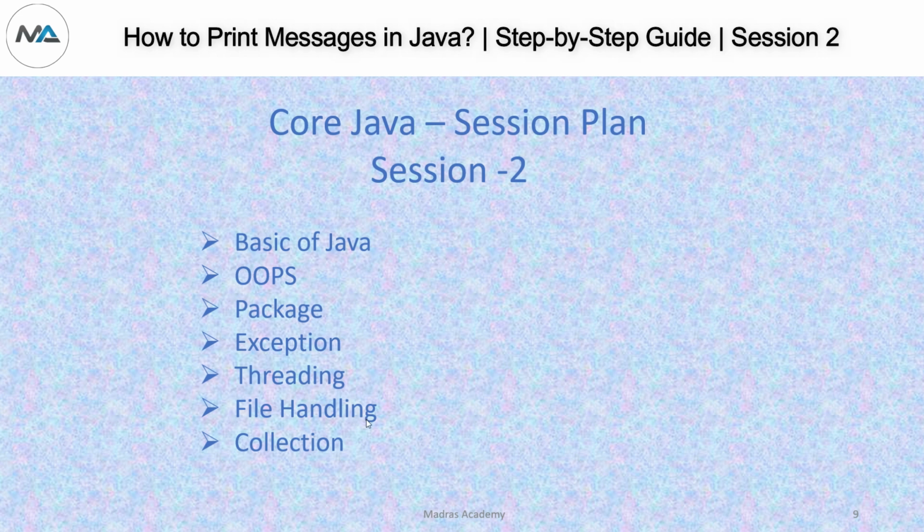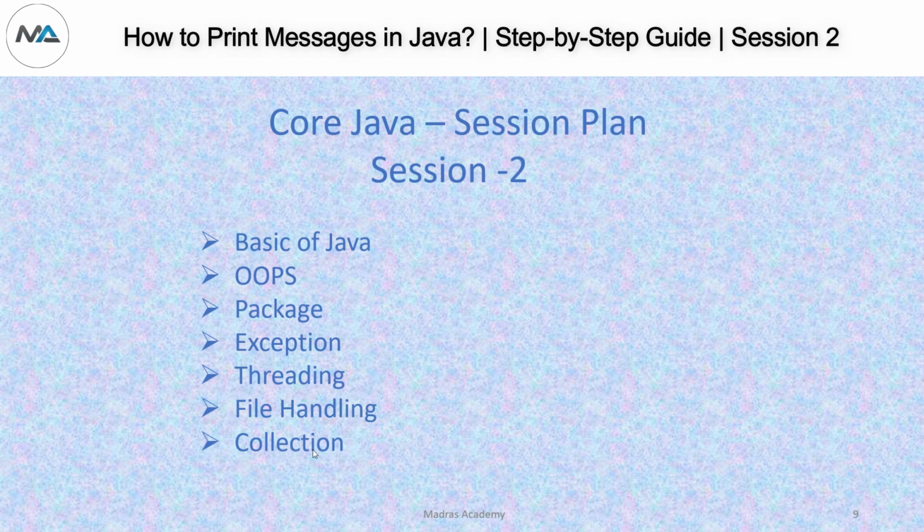File handling is used to write the data and read the data from the file, and what is the format of that file, where it is located, how many characters we have inside that file. This kind of concept we are going to learn in file handling. When we move on to this topic, we'll explain briefly whatever classes we have in that, how to handle them in Java, everything we'll learn.